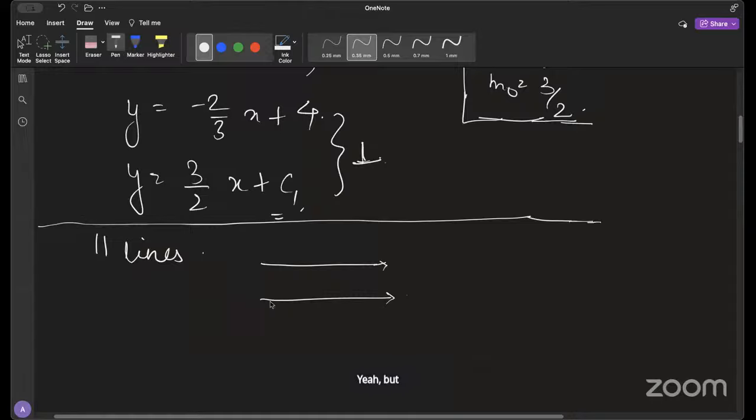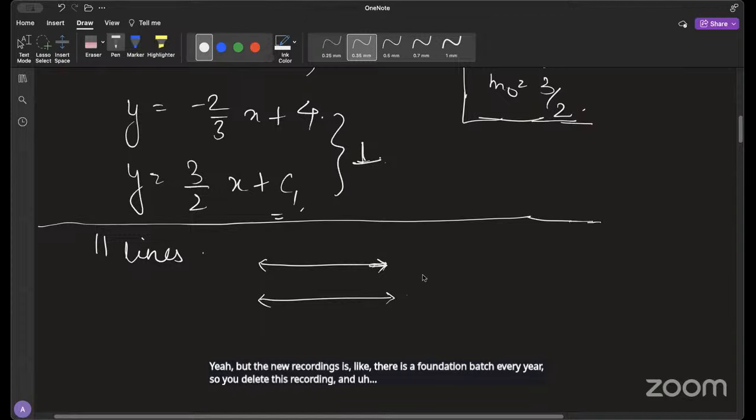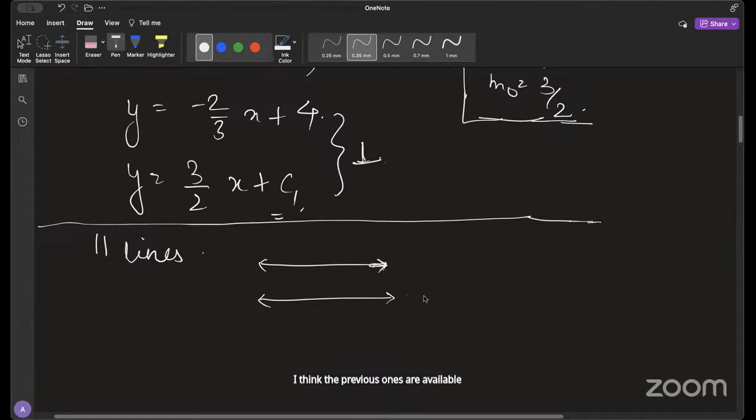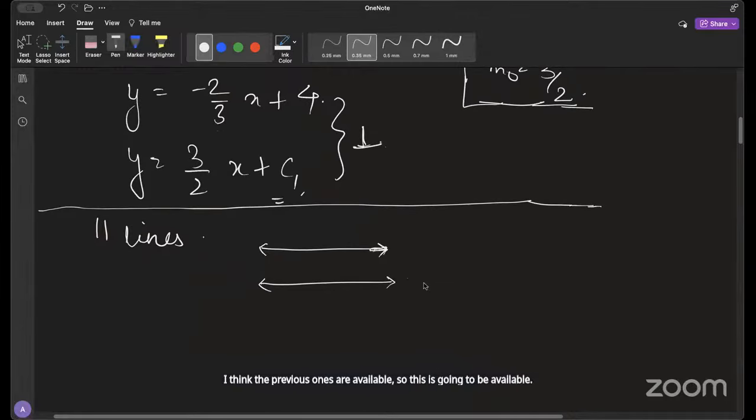But there is a foundation batch every year, so do you delete this recording and replace it with the new recording every time, or is this available all the time? I think the previous ones are available, so this is going to be available too. Okay. Not sure though. You can check with the support team. I don't think I know much about this.